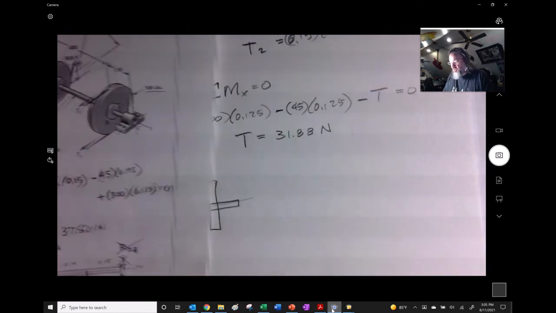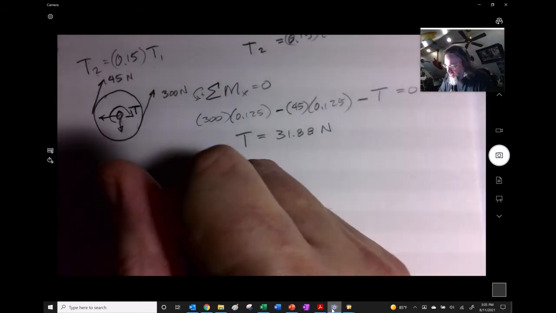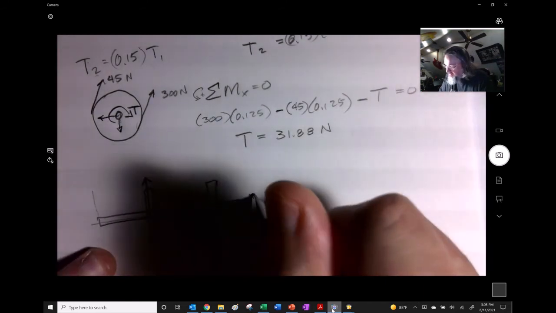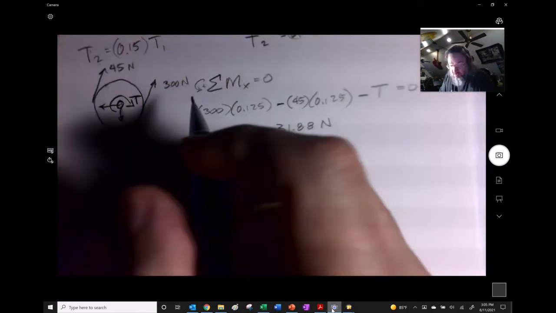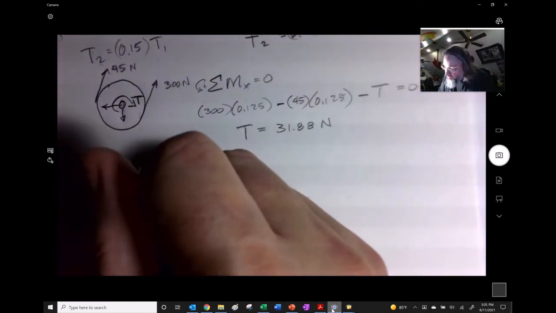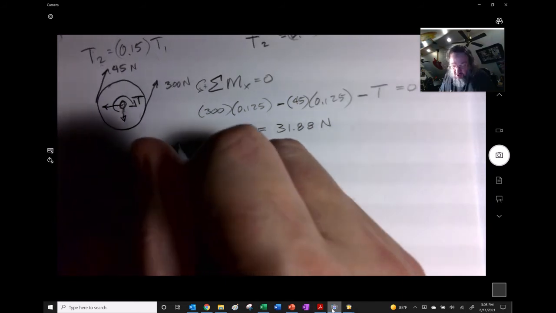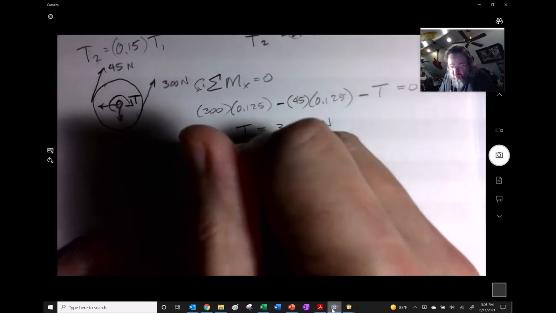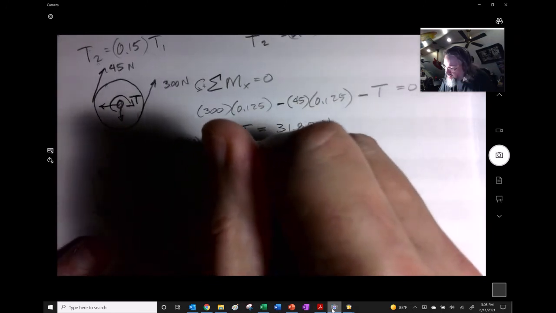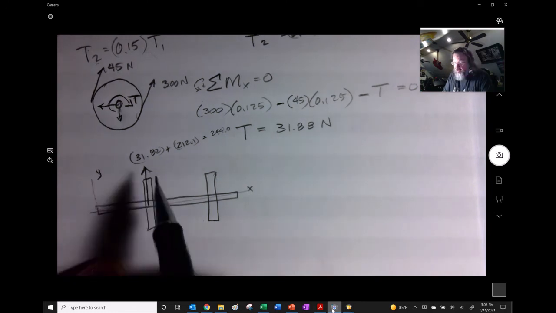So if you combine those two together, what you end up seeing in the X and Y directions right there, you get 31.82 plus 212.1, and that equals 244.0 newtons. That's what's being applied right there.